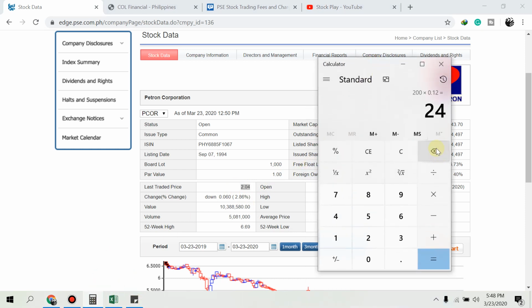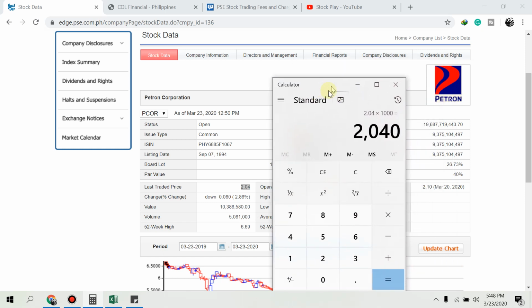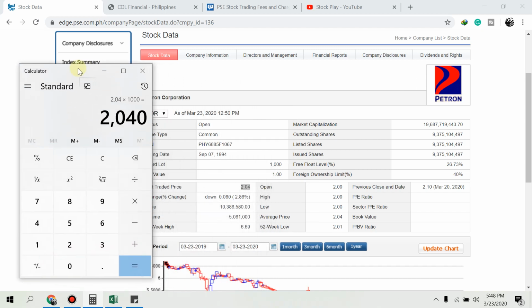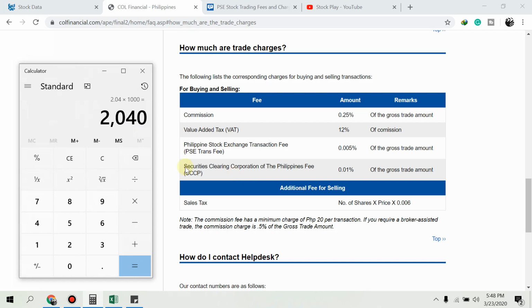So, let's compute. 2.04 multiplied by 1,000 shares equals 2,040 pesos. So, eto guys, yung 2,040 pesos na to is equivalent to the gross trade amount.